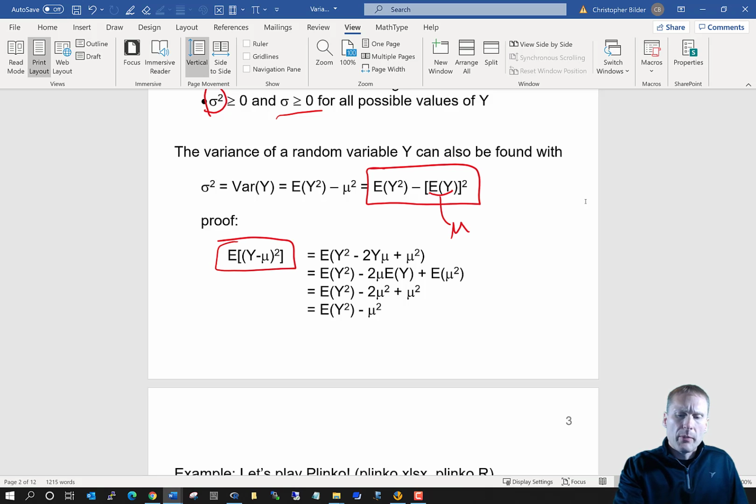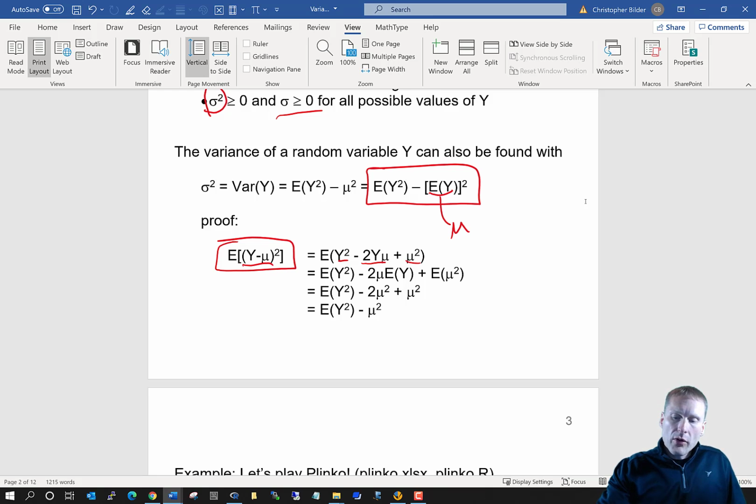So here's our expected value of (y minus mu) squared. Then, if I simply multiply out the stuff inside that expected value, we get y squared minus 2 times y mu plus mu squared.